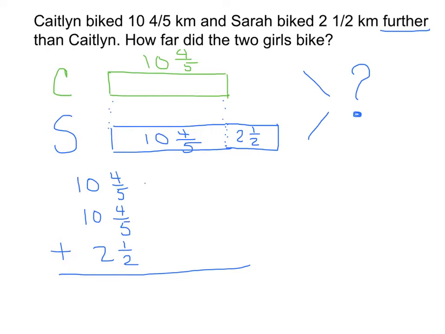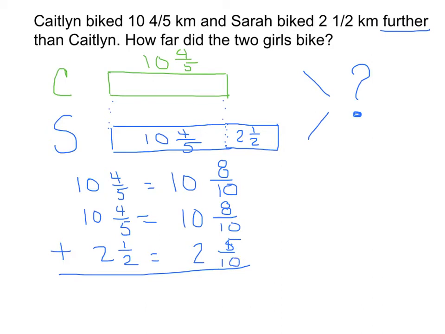I'm going to use a common denominator of 10. Now because I'm adding, I'm leaving that whole number alone. So 2 times 5 is 10 and 2 times 4 is 8. No problem. This is easy. I just write down the same amount, 10 8/10. And then the last one, of course, 2.5 is the same size as 2 5/10.